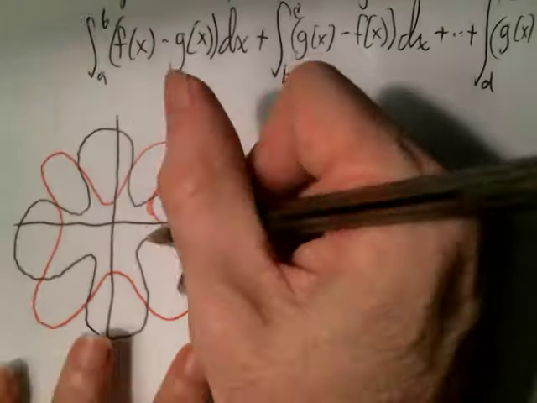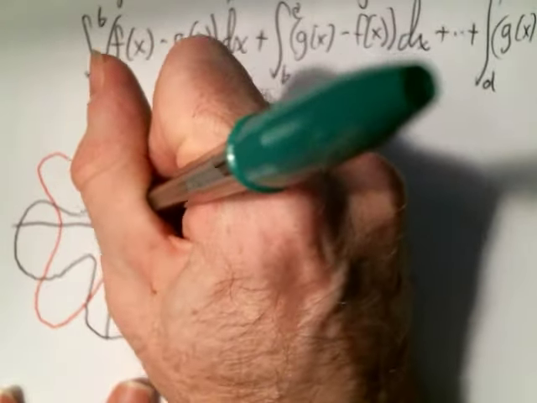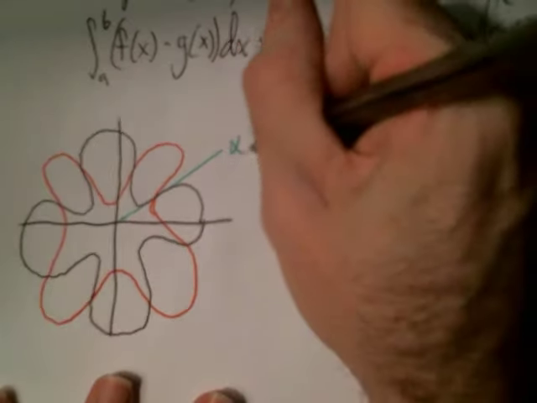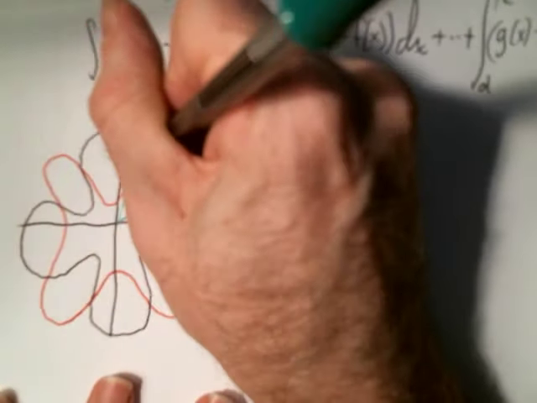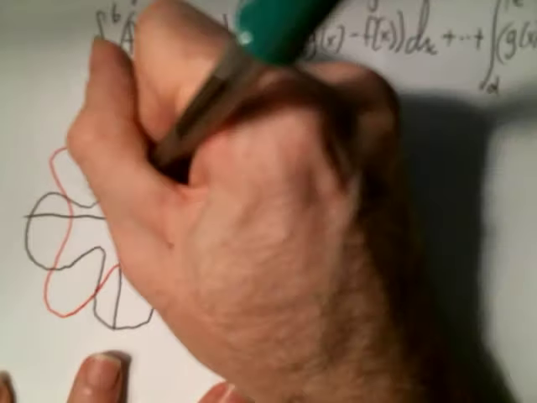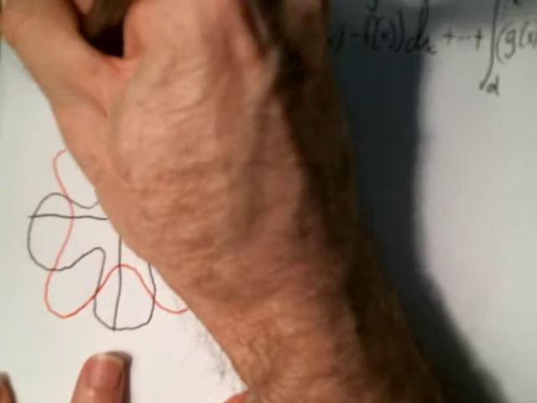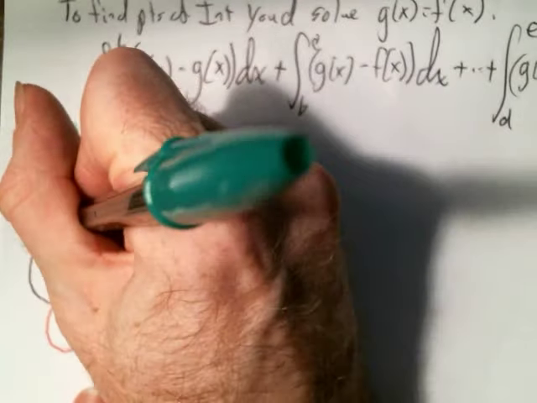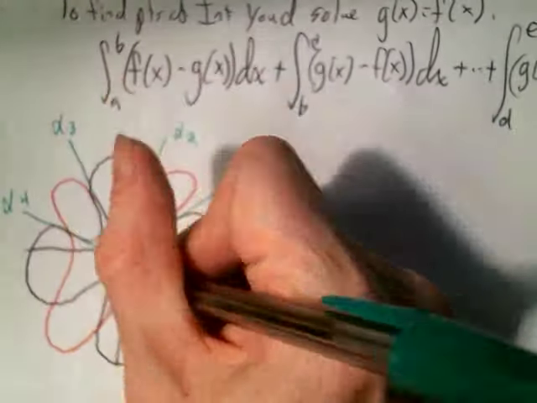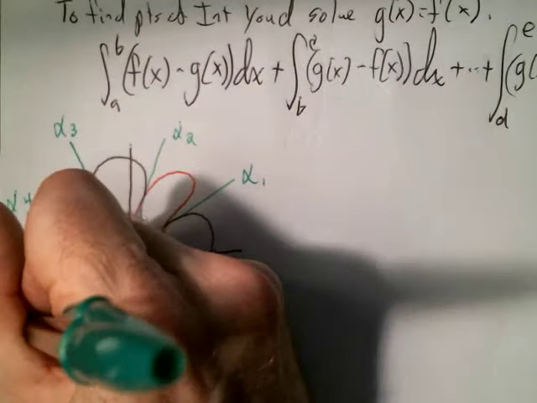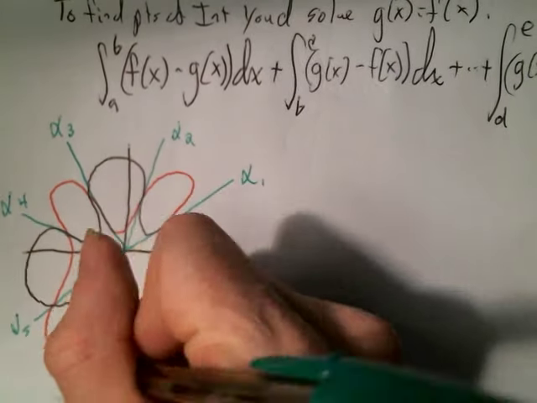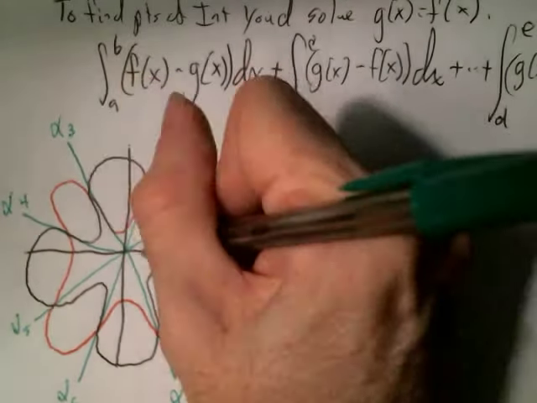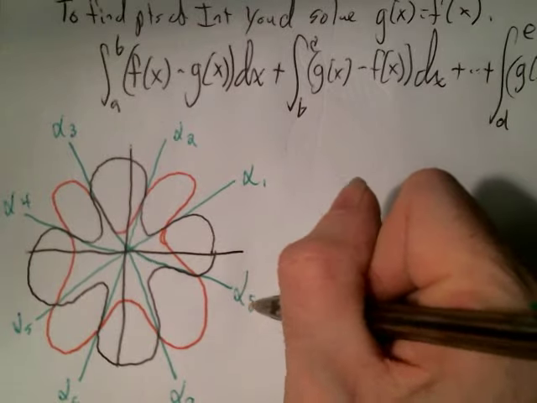Okay. So in order to do this, I need to know the intersection points for my angles. So maybe this is theta alpha 1, this is alpha 2, this angle is alpha 3, etc. So this is alpha 4, this is alpha 5, alpha 6, alpha 7, alpha 8.